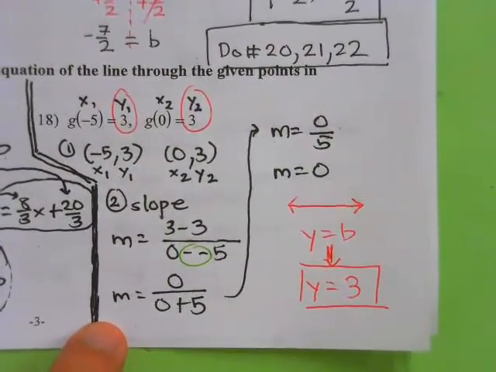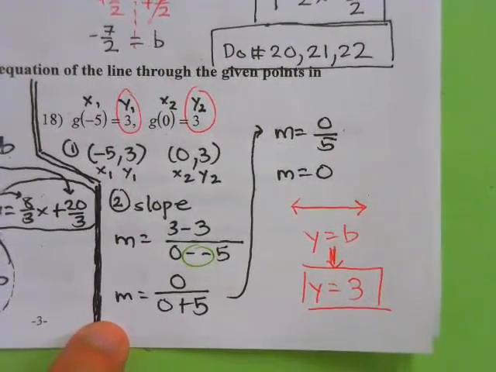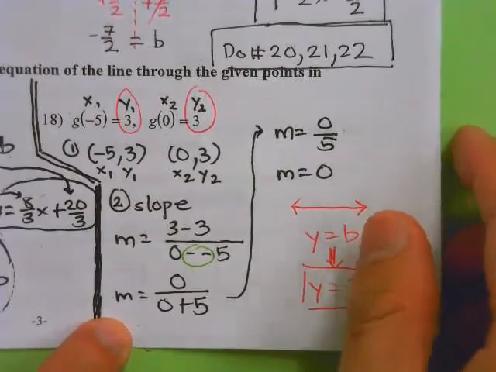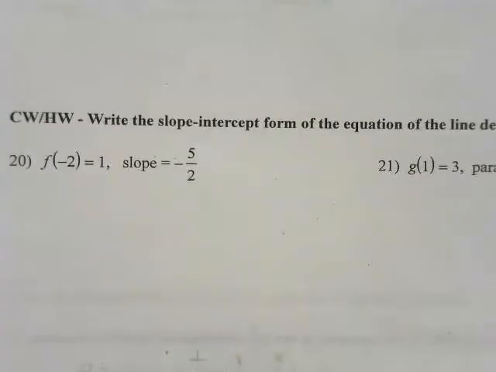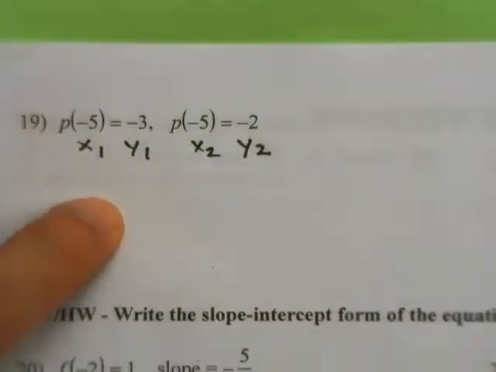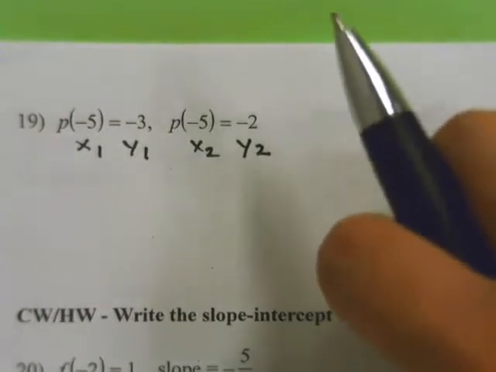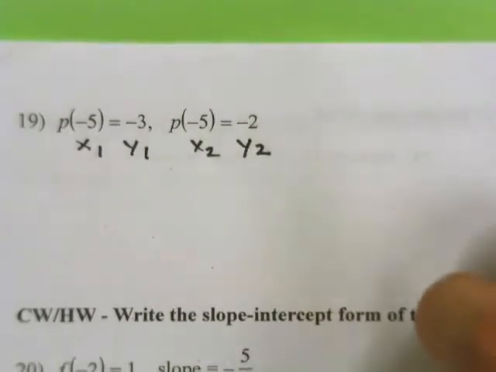Okay, you're probably figuring out what special case number 2 could be. Well, let's just go ahead and do it anyway. Let's do number 19, last one for today, 19. Oh, sorry. x1, y1, x2, y2. Okay, so for this example, I'm not going to write it in coordinate form. But you guys can if you want.